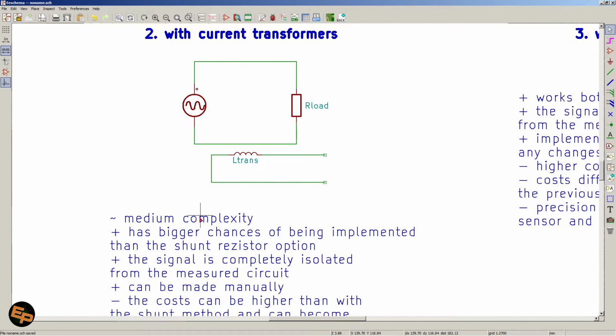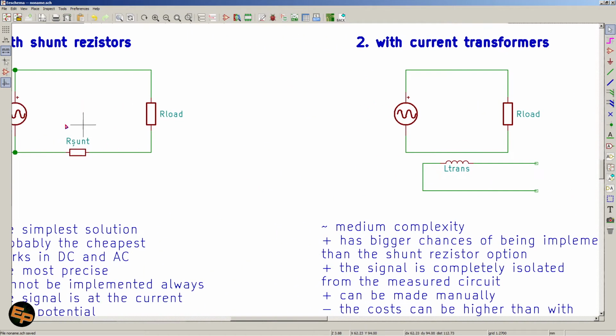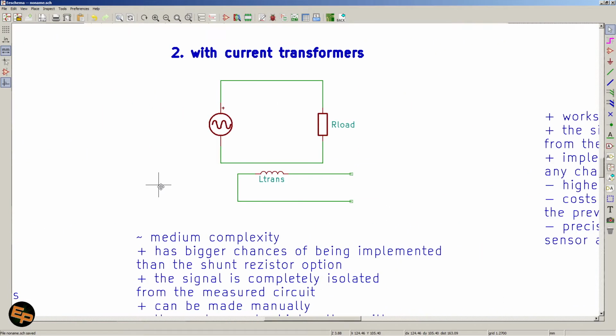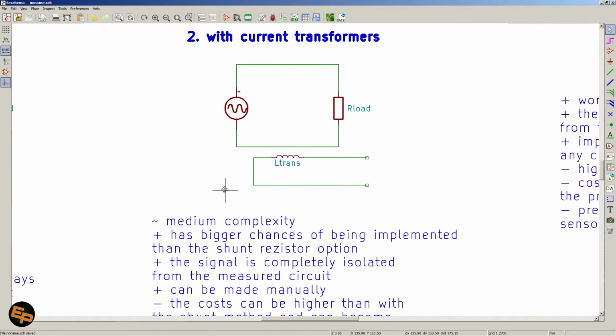It's neither an advantage nor a disadvantage. It's somewhere in the middle, right? An advantage is that it has higher chances of being implemented than the shunt resistor option. Meaning, if we sometimes cannot insert a shunt resistor in the circuit that we're trying to measure due to various reasons, there are much higher chances that we can actually do that in this method.